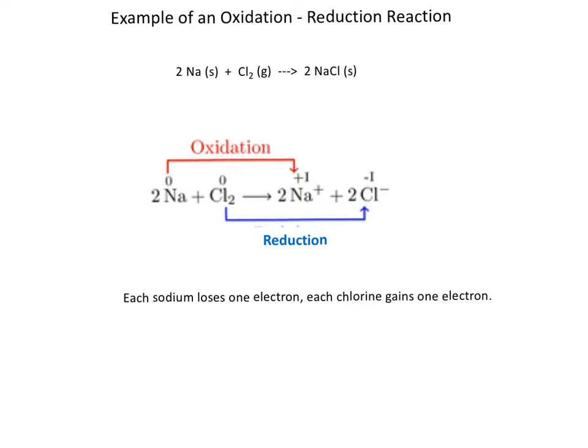And the rule you're going to see in just a minute is that if it's an element in its elemental form, the elemental form is what state the element will be in at standard conditions, the standard thermodynamic conditions, which is 1 atmosphere and 25 degrees C, or 298 Kelvin.